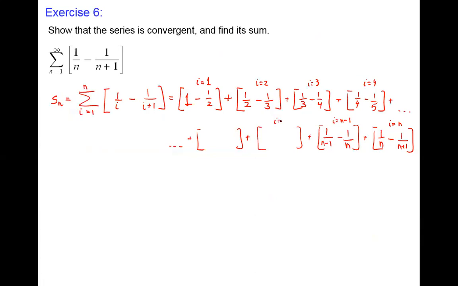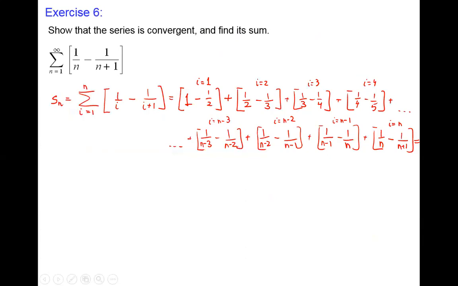The other one, I'm going backwards: n minus 2, 1 over n minus 2, then n minus 2 plus 1, n minus 1. And maybe one more, n minus 3, and then n minus 3 plus 1, n minus 2. That means this is the formula.